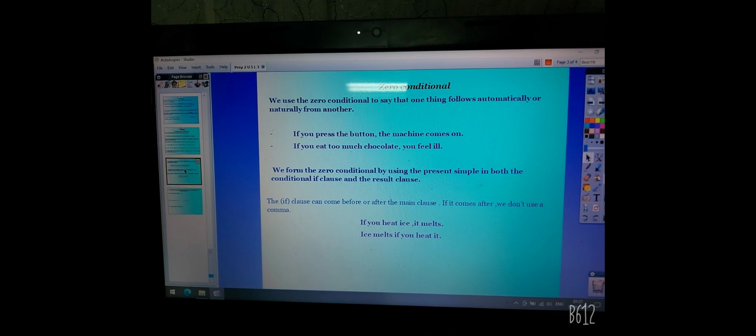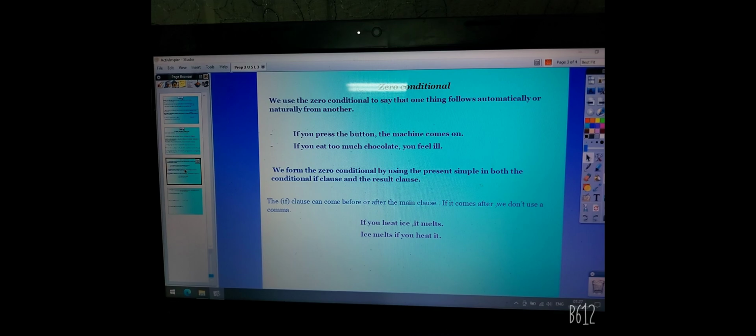Let's complete the zero conditional. We use the zero conditional if to say that one thing follows automatically or naturally from another. If you press a button, the machine comes on. So the zero conditional consists of present simple and the other verb is in the present simple also. If you eat too much chocolate, you feel ill. So both verbs are in the present simple.